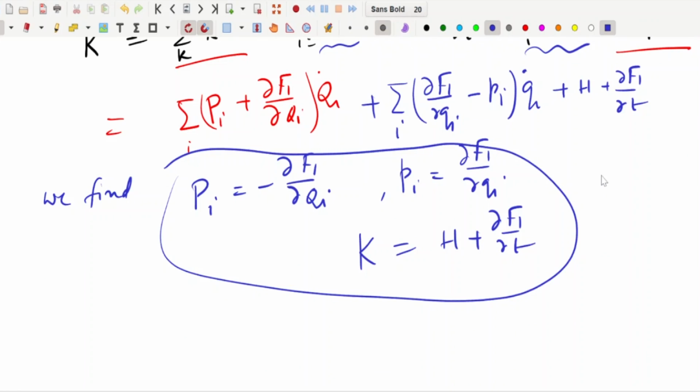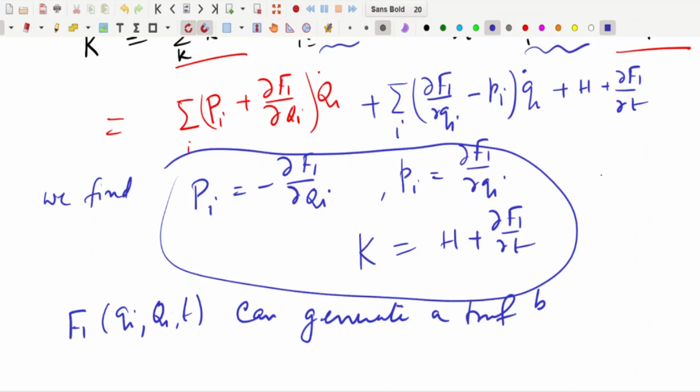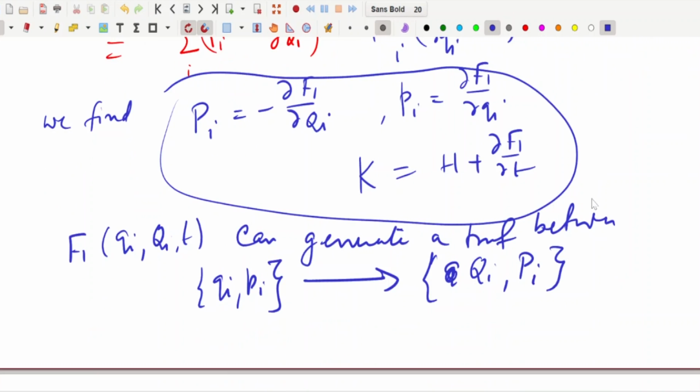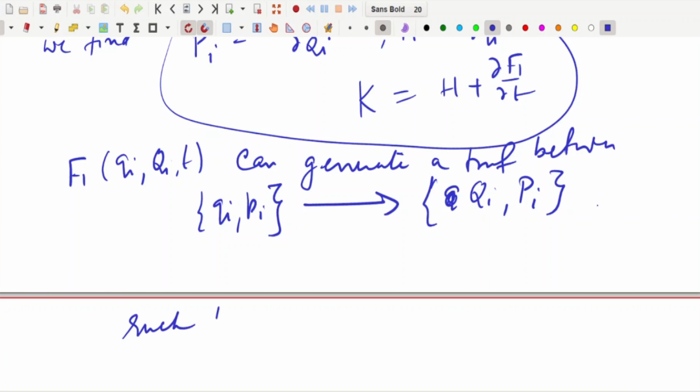So what have we achieved here? We have achieved that f1, a function of q_i, Q_i, t, can generate a transformation between the old set of canonical variables q_i, p_i to the new set of canonical variables Q_i, P_i, such that L equal to L prime plus df1 dt is preserved.